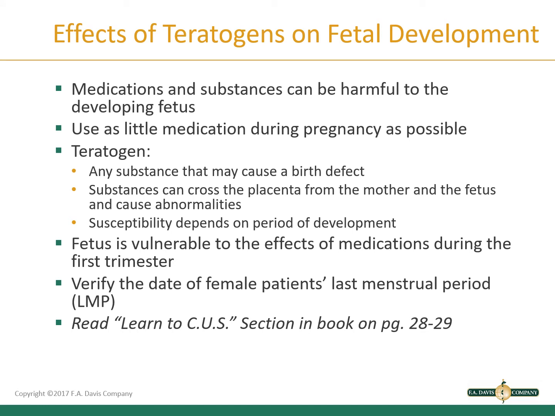The effects of teratogens on fetal development. So medications and substances can be very harmful to the developing fetus. The general rule of thumb is to use as little medication as possible during pregnancy to keep the developing fetus safe and healthy.